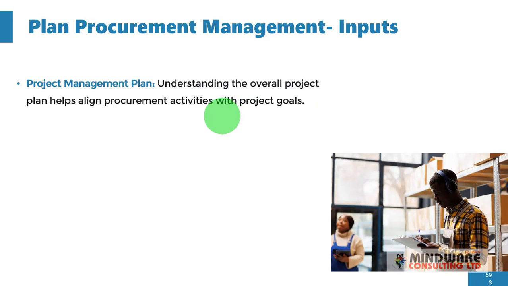Before you start making plans for your procurement, you have to understand the major plan for the project, because everything you're doing, the activities, the processes, has to align with the overall project management plan.